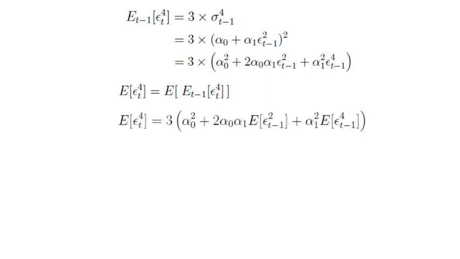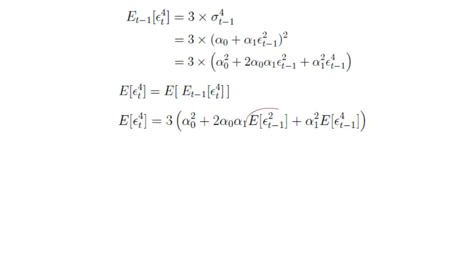So what we end up with is that the unconditional fourth moment of epsilon is 3 times, and now alpha 0 square plus 2 alpha 0 alpha 1 times the unconditional second moment of epsilon plus alpha 1 square times the unconditional fourth moment.